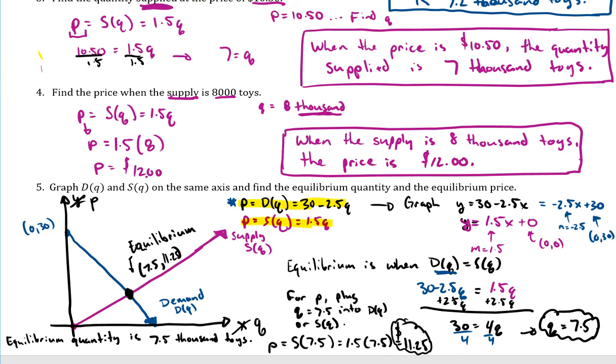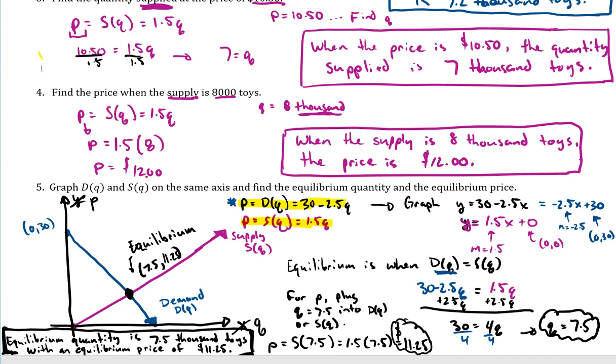And then the equilibrium price is 11.25. Sorry it's not in the most room. I'm just trying to bold that out a little bit. Okay, so that is our equilibrium point. The 7.5 is the quantity, the 11.25 is the price.